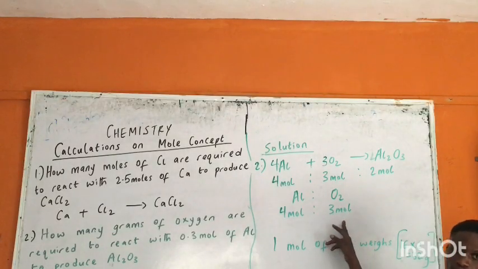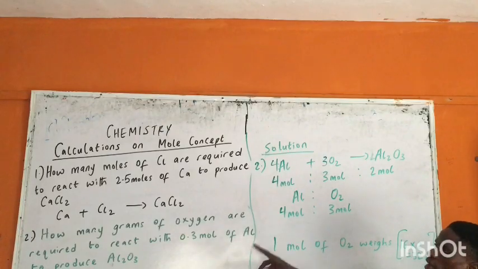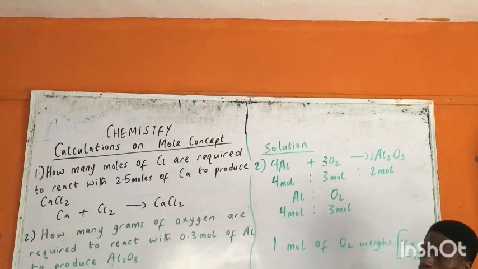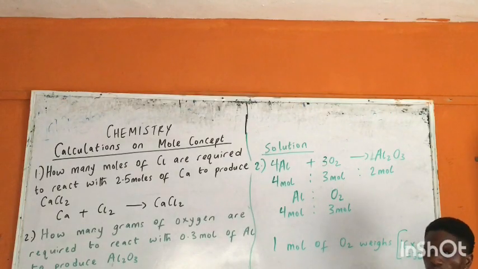So we convert oxygen to what? To mass, which is measured in gram.